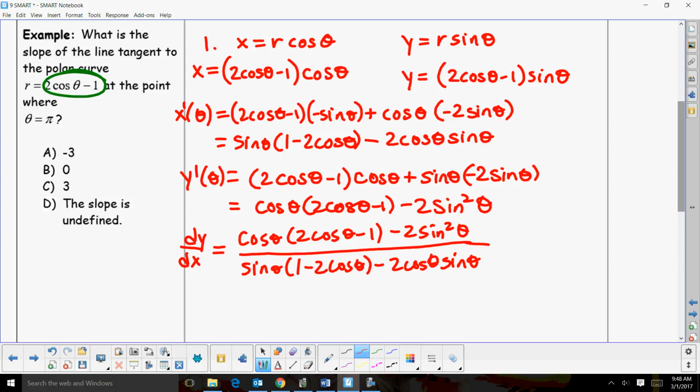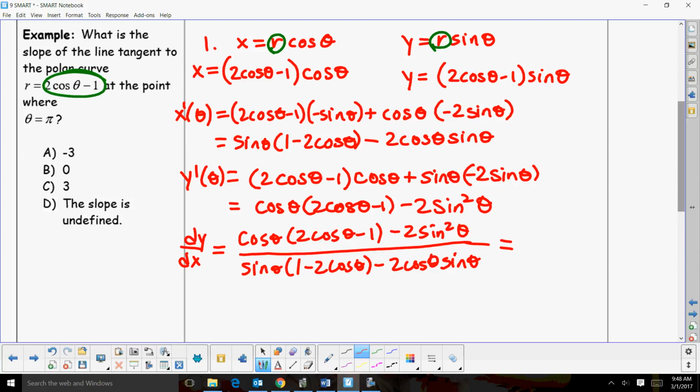Is everybody okay to here? Now all we have to do is, it wants me to find the slope when theta is pi. So can I put equals and just plug in pi?